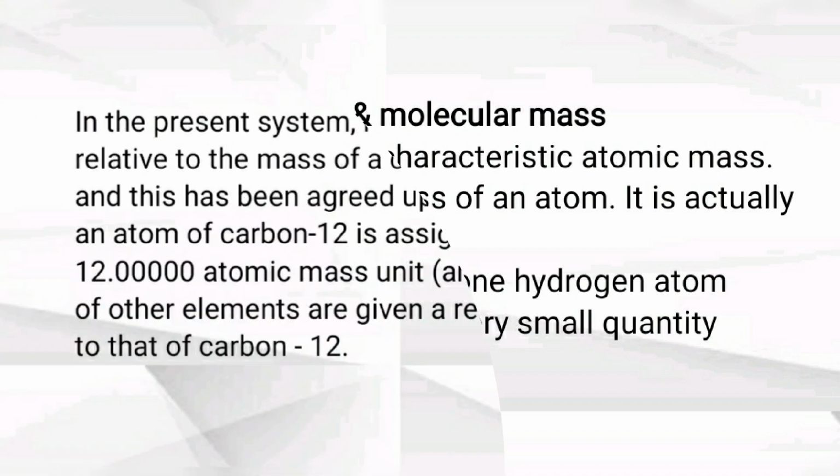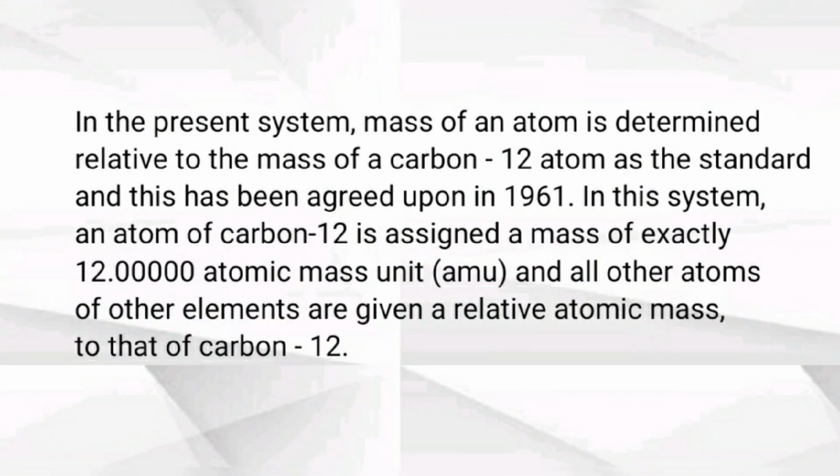So in the present system, mass of an atom is determined relative to the mass of carbon-12 atom as the standard atom, and this was agreed in 1961. In this system, an atom of carbon-12 is assigned a mass of exactly 12 atomic mass unit, and all other atoms have their atomic mass related to the carbon-12 atom.